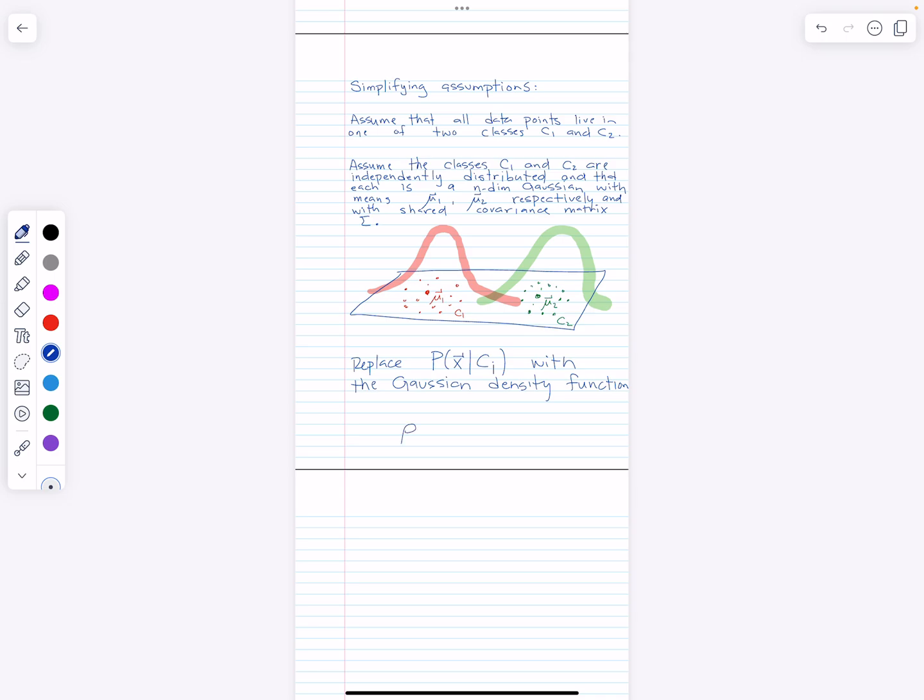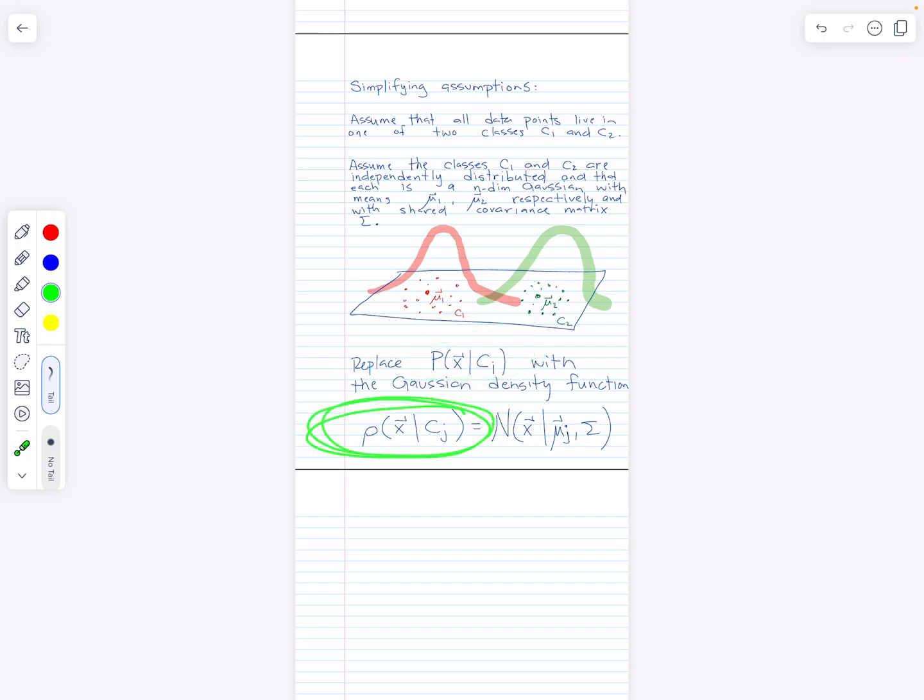Remember, we denote that by rho of x given Cj, where x is normally distributed with mean mu j and covariance matrix sigma. So instead of modeling these probabilities directly, which are actually 0, we model them using our density function.